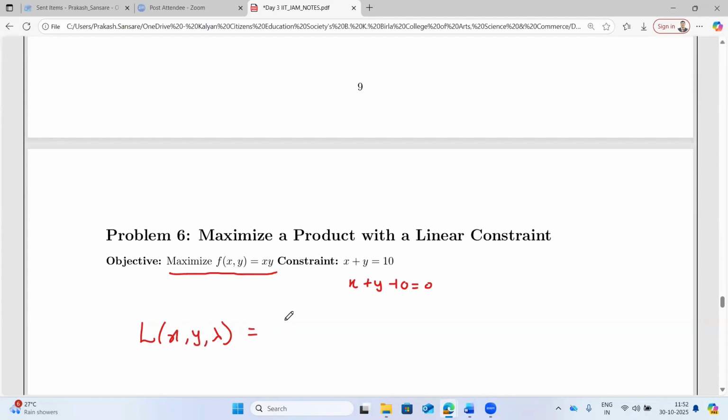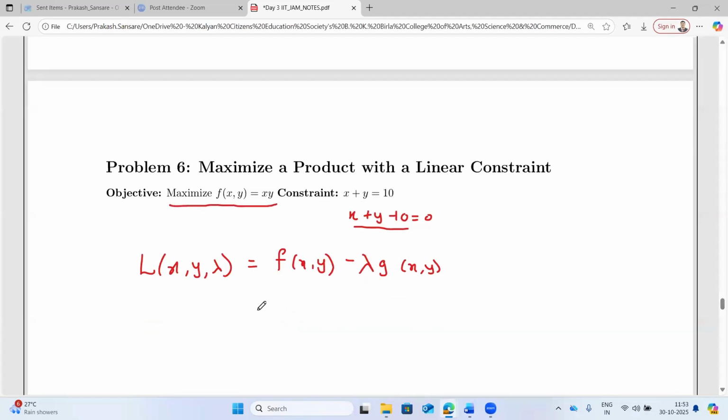So it is basically f of x comma y minus lambda times g of x comma y, which is equal to xy minus lambda times (x plus y minus 10).